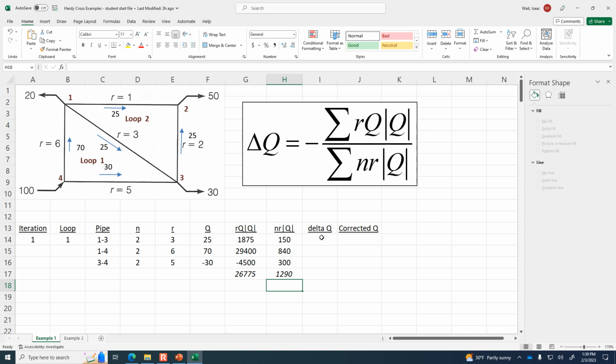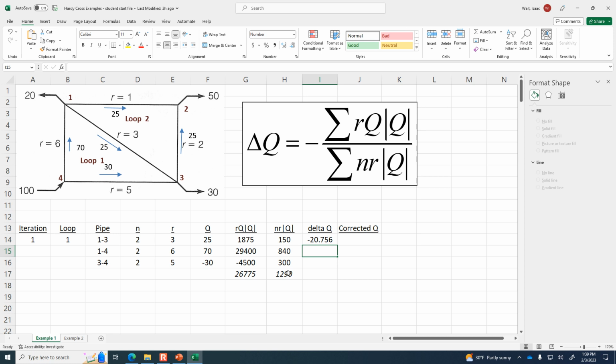Okay, all right. So now, the delta Q is this formula. Here it's equals negative of this divided by that. We're going to type that formula in again. We're not going to just use anchoring and drag it down.